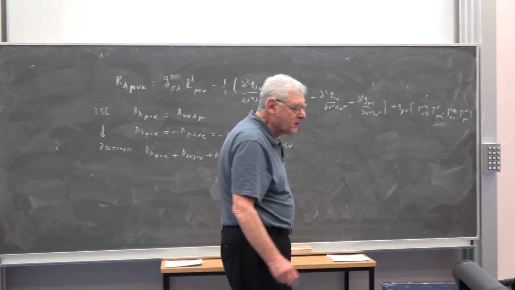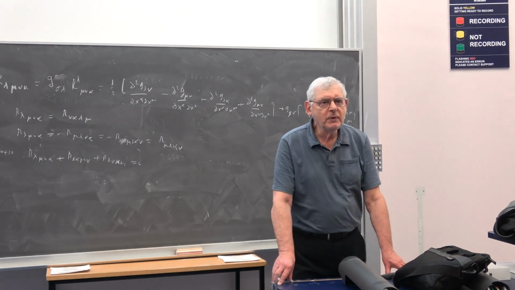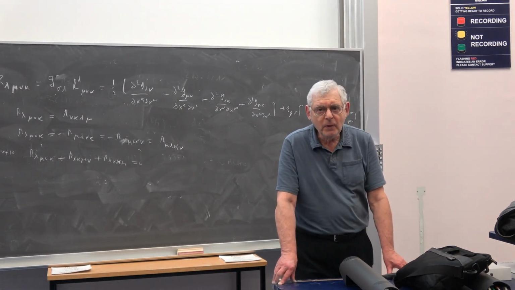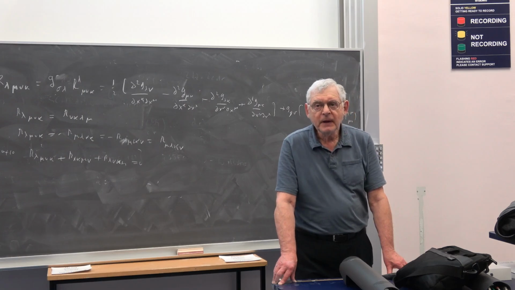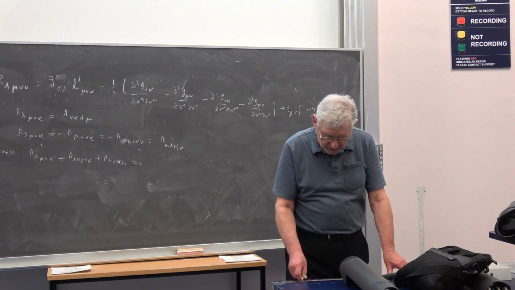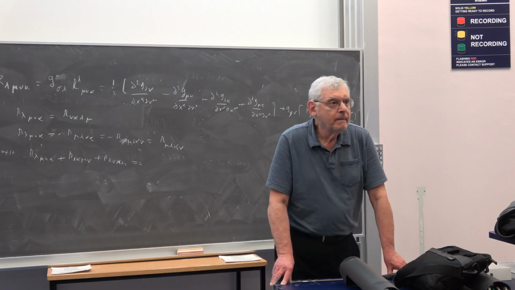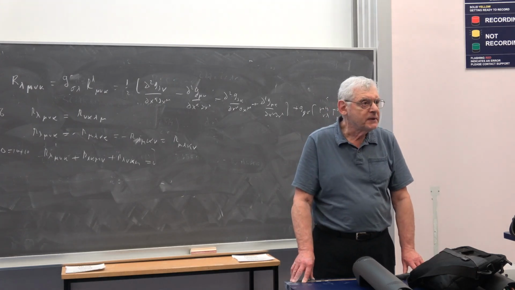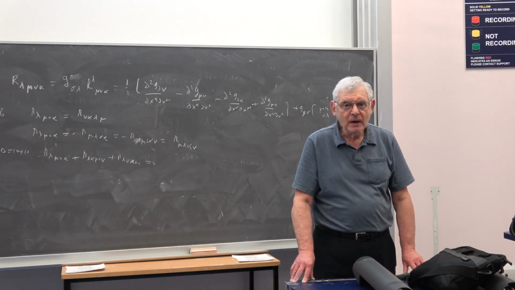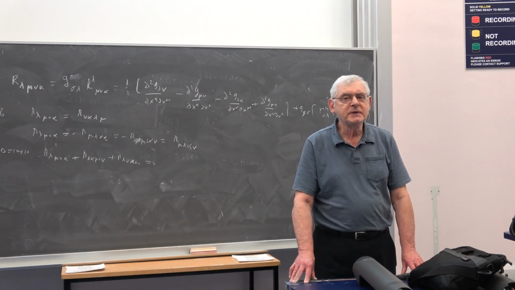So you can describe the Riemann tensor in terms of components, 10 of which are the Ricci tensor, and the other 10 of which are the Weyl tensor. In standard gravity, the Ricci tensor describes the dynamics, the Einstein equations. The Weyl tensor describes a gravitational wave.